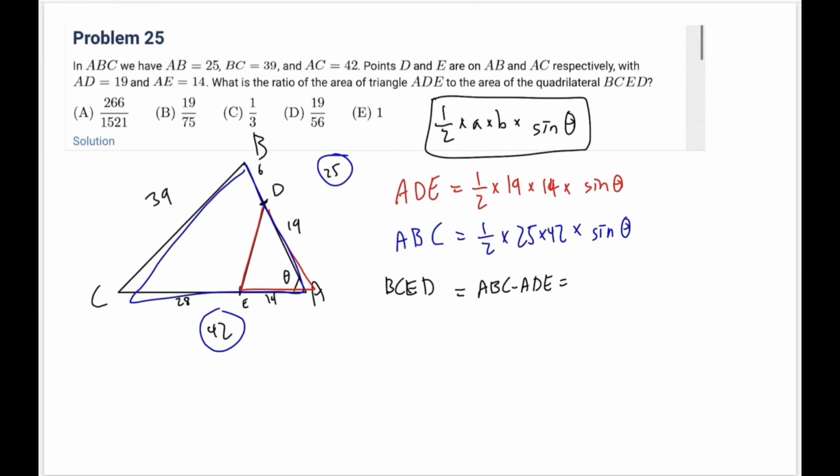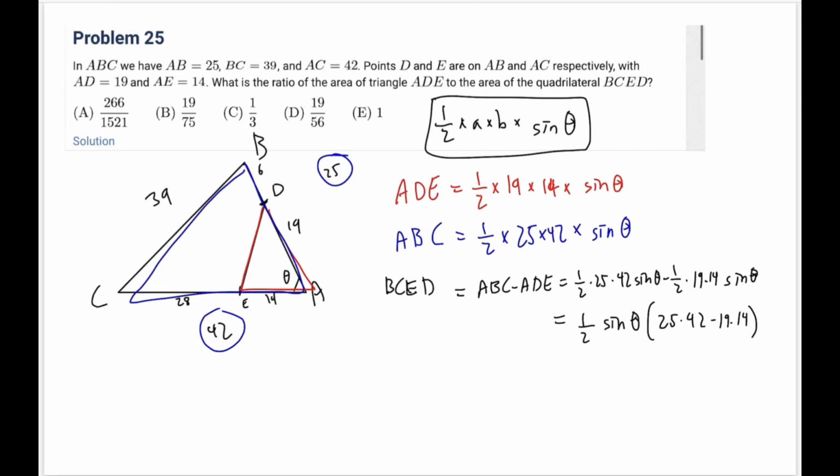This is 1/2 times 25 times 42 sine theta minus 1/2 times 19 times 14 sine theta. This is 1/2 sine theta times 25 times 42 minus 19 times 14.